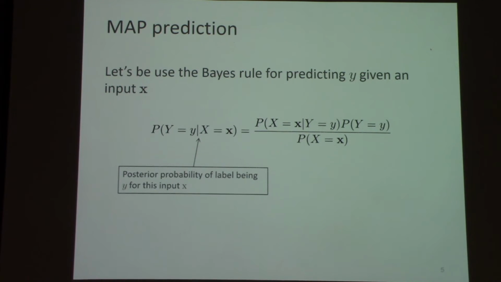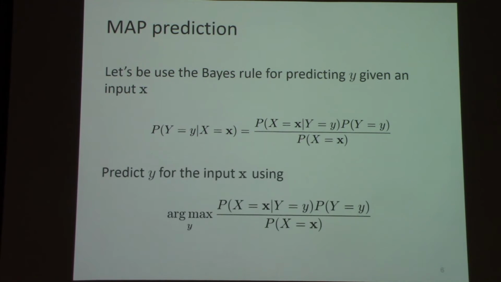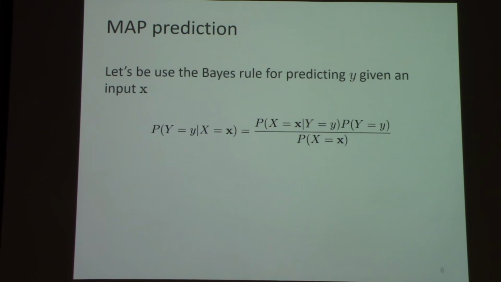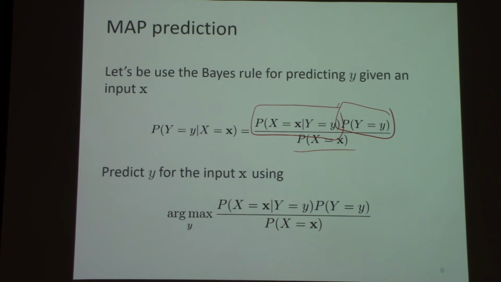And we can be Bayesian about it. The posterior probability is the likelihood of that example being the true example for that label times the prior divided by probability of x. And you could predict the label that has the highest posterior probability.